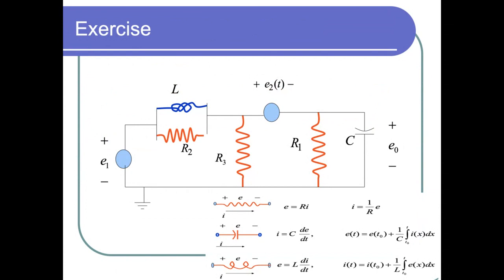So in this case, where can you apply KCL in a meaningful way that captures certain relationships? You can do that here, or you can do that here. These are the two possible places.